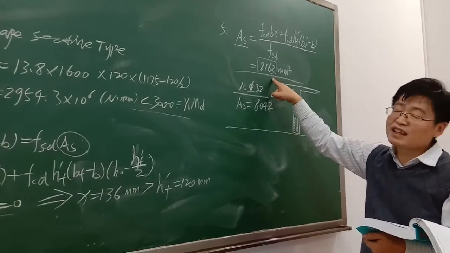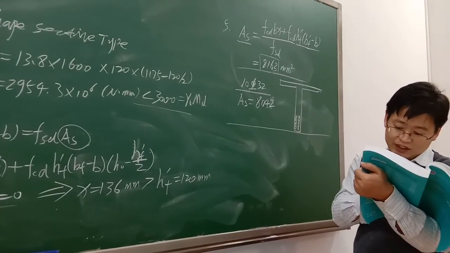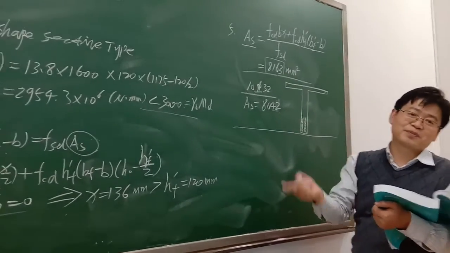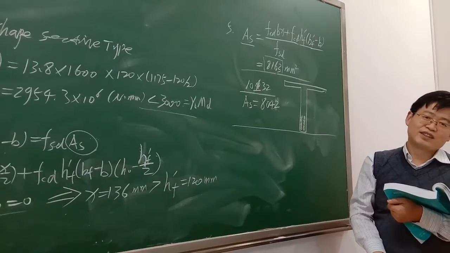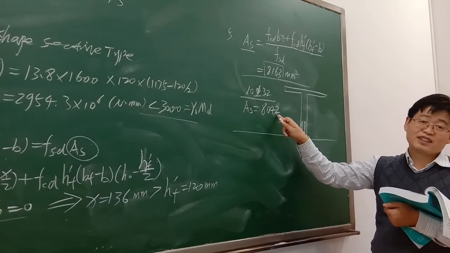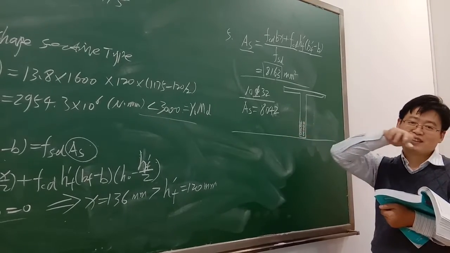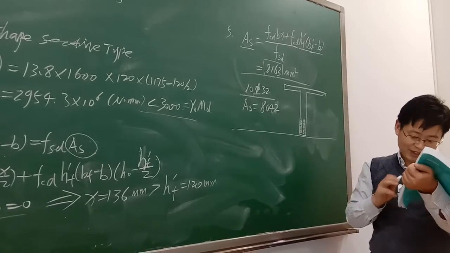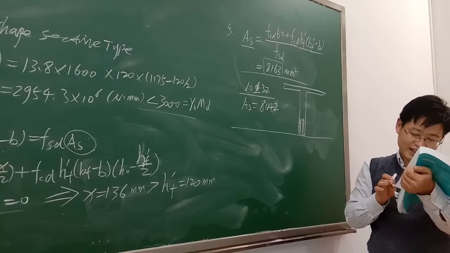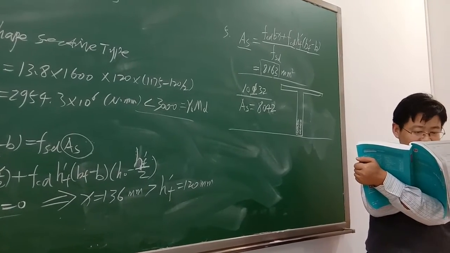Normally we should choose larger than this value, but in this example in your book, they chose a design that is a little bit smaller. It's not a good option. Is this design fine or not? It's not safe. But you see that the check result says this design is okay.